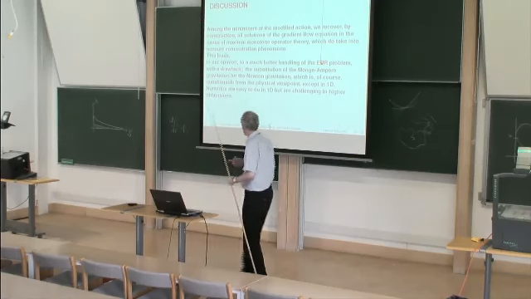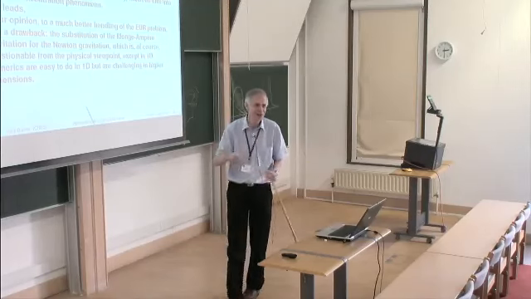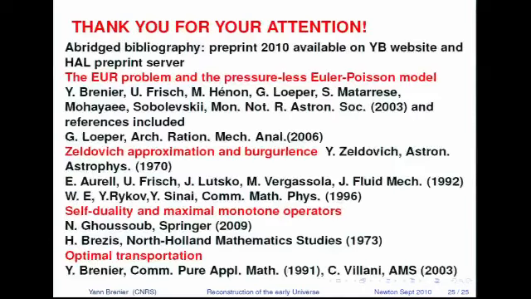I should say that doing this numerically in higher dimension is much more challenging because you have to solve numerical optimal transportation in higher dimension, which is not so easy to do. And so these are just some references if you are interested. The discussion is more or less contained in these preprints. We have some references on the Euler problem, Zeldovich.